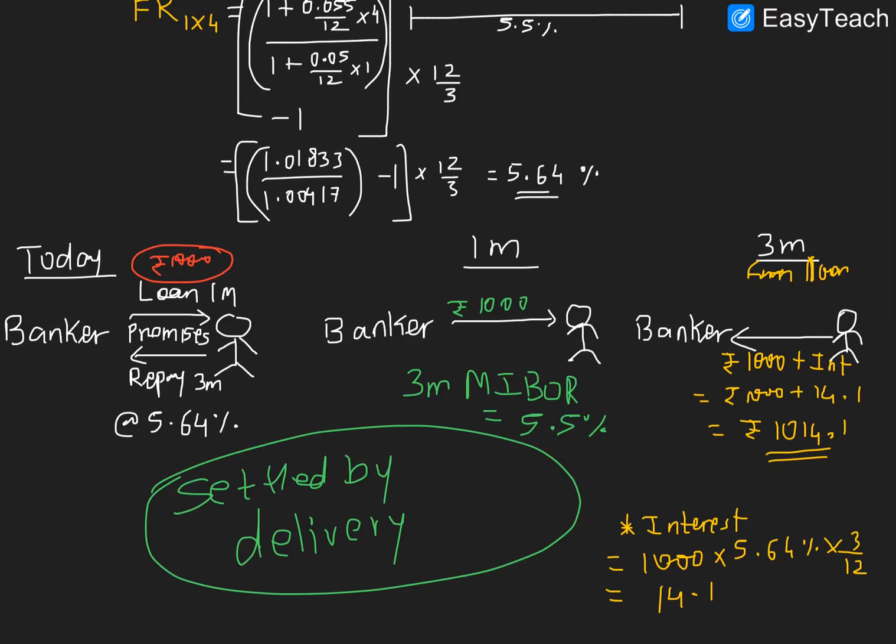Obviously our customer is going to be sort of unhappy, because it would have been somewhat better for the customer had he not taken a forward rate, since he is compelled to pay interest at 5.64% while the existing market rate for a similar loan is 5.5%.